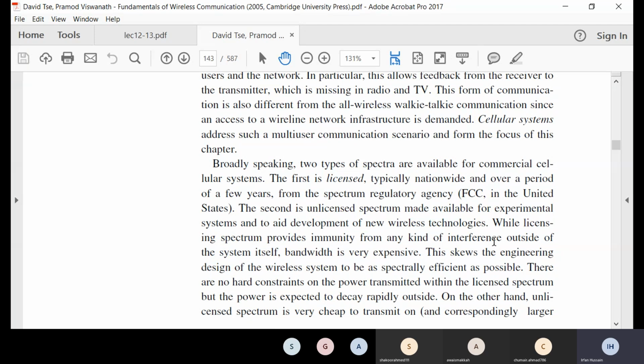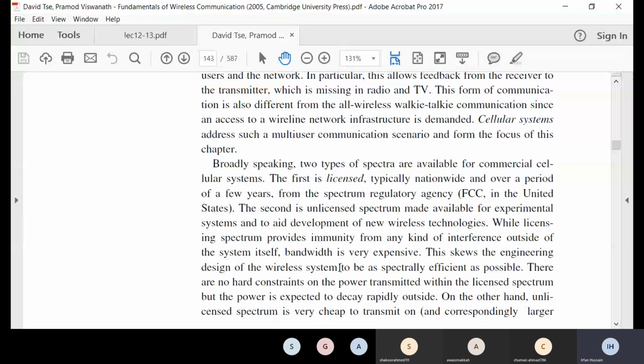So you have to have a lot of immunity against these types of interferences. The bandwidth is very expensive. The government gives these bandwidths for industrial use, and they are not that large, but they are quite expensive.